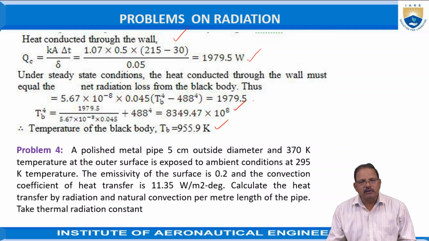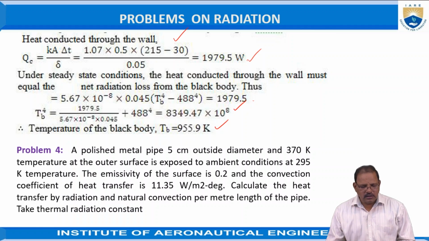Here is another one, problem number 4. A polished metal pipe of 5 cm outside diameter and 370 degree Kelvin temperature at the outer surface is exposed to ambient conditions at 295 K temperature. The emissivity of the surface is 0.2 and the convection coefficient of heat transfer is 11.35 watts per meter square per degree Kelvin.